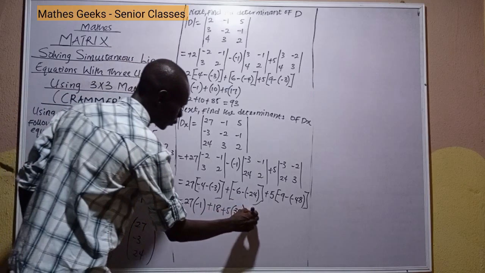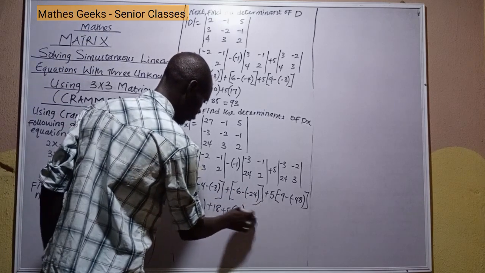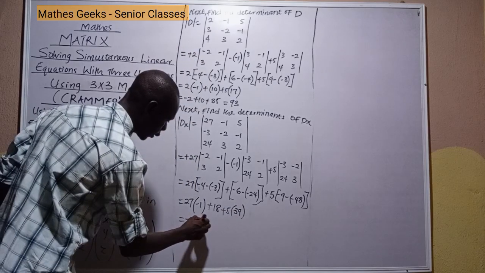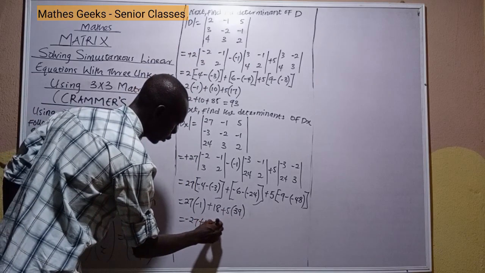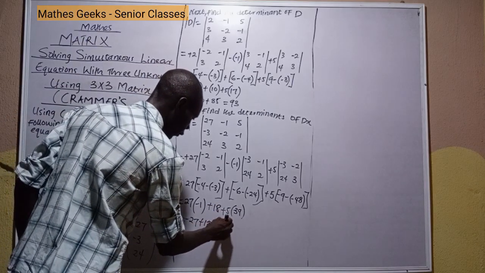This will give us minus 27, minus 27 plus 18 plus 5 times 39 is 195.